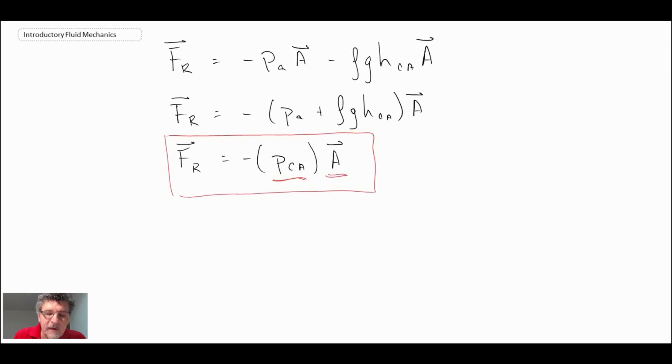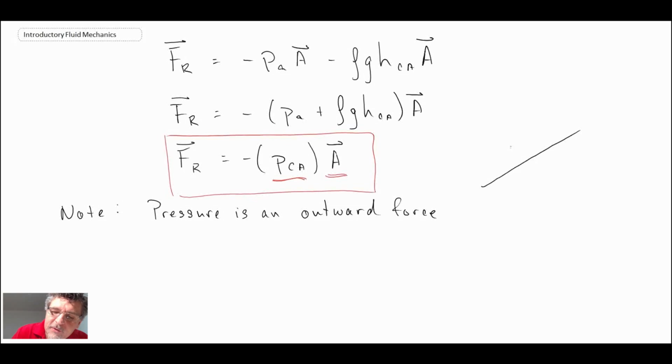However, we can simplify that a little bit if we note the following. If we note the pressure as being an outward force, let's draw our plate again. We had our free surface up here. And what we note is Fr is an outward vector. So if we just say that it's an outward force and it's acting normal onto the plate surface, we can then neglect the vector notation. The other thing, let's say PA is P atmosphere here.